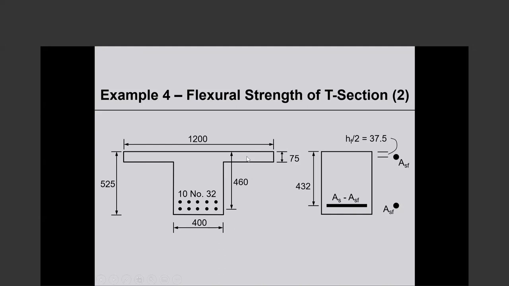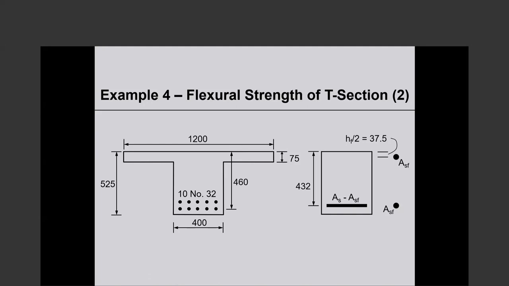So I think I misspoke. I may not have, but let me clarify. I may have said as long as the neutral axis depth is less than the flange depth, it's not neutral axis depth.